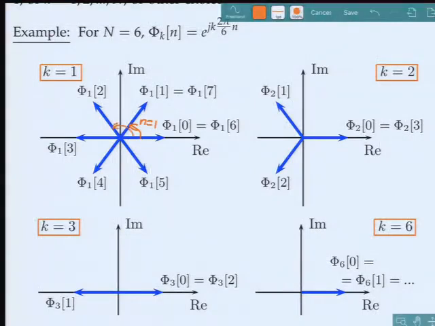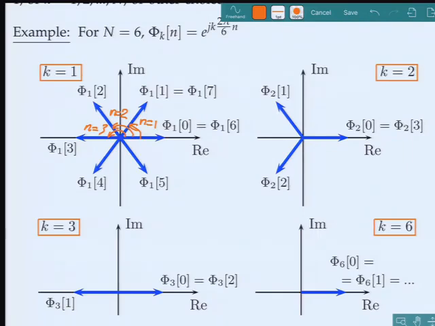For n equal to 2, you tick twice. For n equal to 3, you're here, and so on. So at every time instant, this complex number in the sequence for k equal to 1 is flipping by 60 degrees in the counterclockwise direction. Naturally, it's periodic with period 6 because of the way we defined it, and at time equal to 6, it comes back to where it started, which is positive 1. So that's k equal to 1.